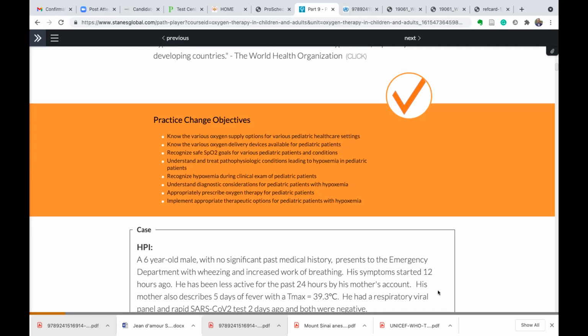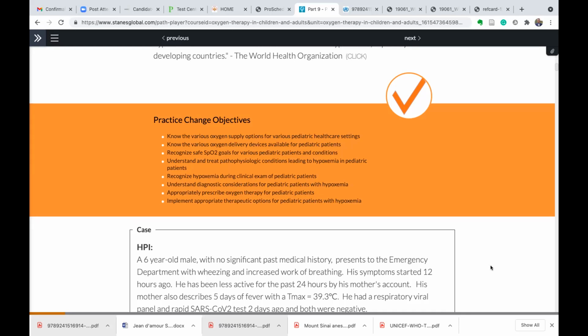We need to appropriately prescribe oxygen for pediatric patients and implement appropriate therapy for pediatric patients with hypoxemia. We need to have an interactive session, so we'll be asking questions, and please participate by answering in the chat.